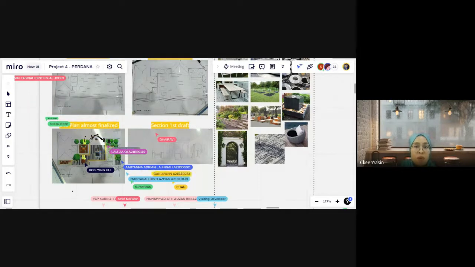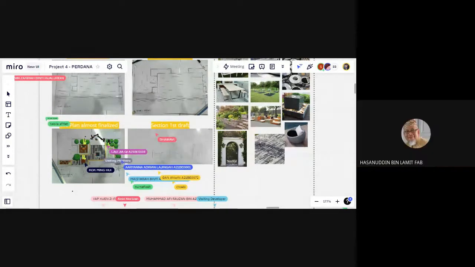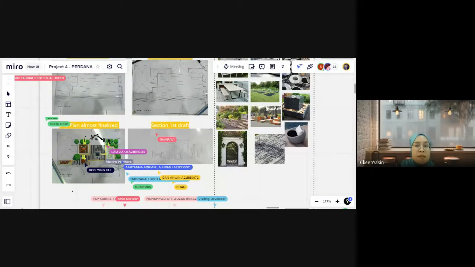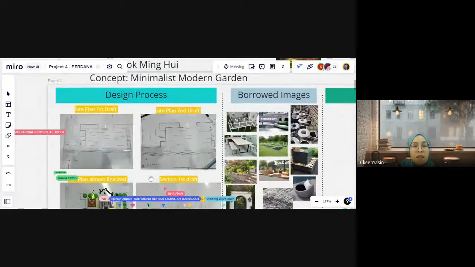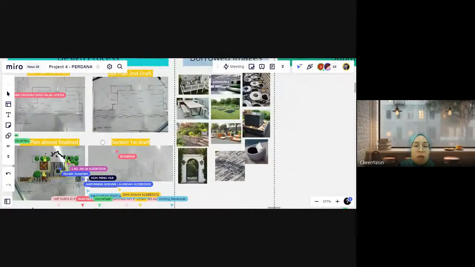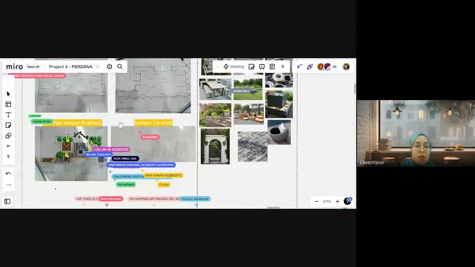Maybe there is something here, it could just be a pattern or floor pattern. So this becomes your main, you have this strip, and you extend to connect other areas, so it will look connected. Meng Hui, you come back to me later.